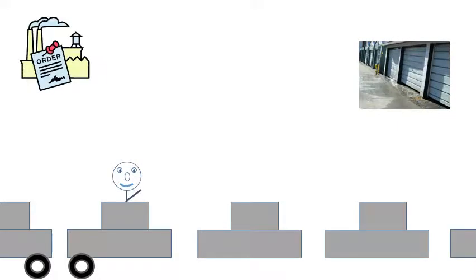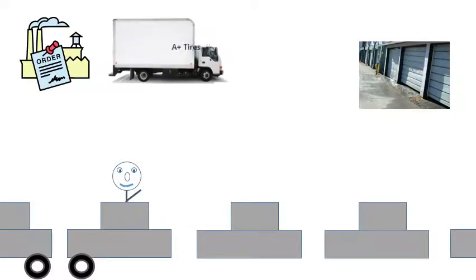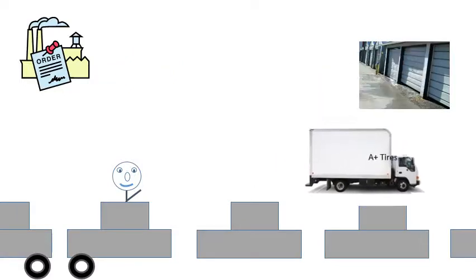Now he's got to call the factory and place an order, and he's got to wait for the truck to ship those tires in order for him to refill his inventory to start putting tires on cars again. And if that takes 2 weeks, because the tires are a fairly important part of the car, the entire assembly line has to stop and wait for him to get those tires, which of course is going to drastically affect the output of the factory.